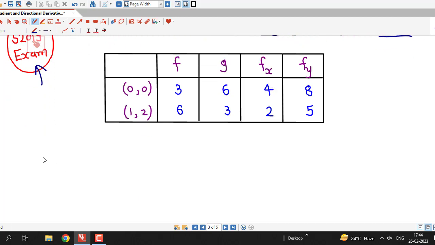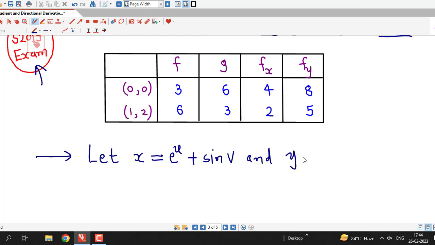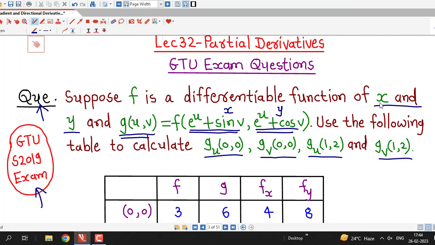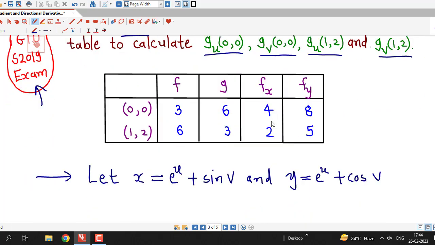So first we start by considering that small x equals e raised to u plus sin v and y equals e raised to u plus cos v. It is given that f is a function of x and y, and if we compare this with f of (x, y), we have x equal to e raised to u plus sin v and y equal to e raised to u plus cos v.